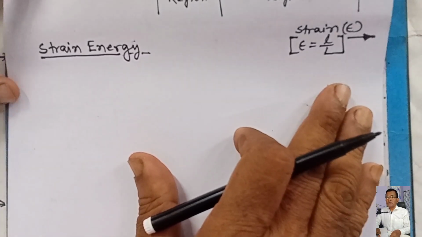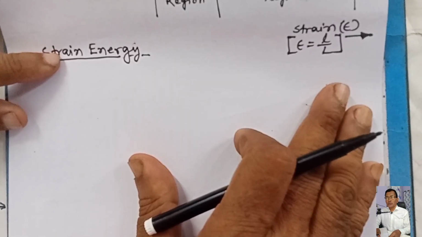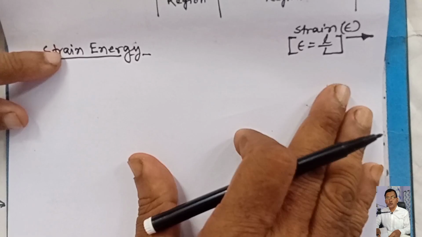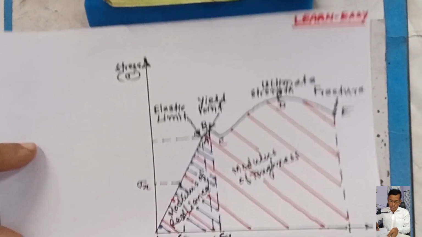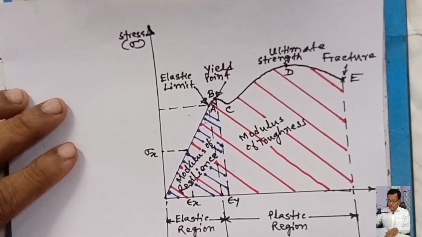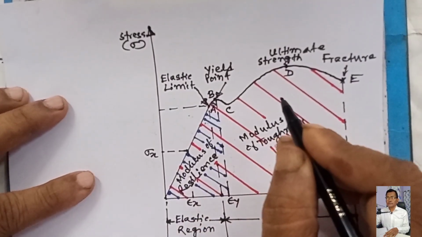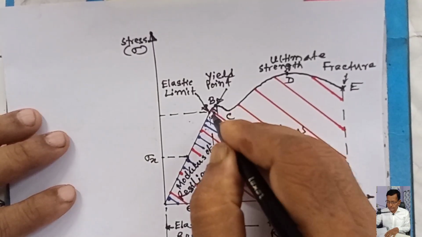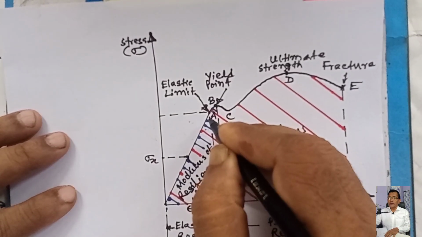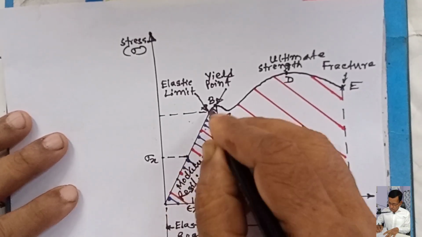Now, let us examine the stress-strain curve of a ductile material with linear stress-strain relationship obeying Hooke's law. This is the stress-strain curve of a ductile material. Up to point A, stress is directly proportional to strain. This is a straight line.